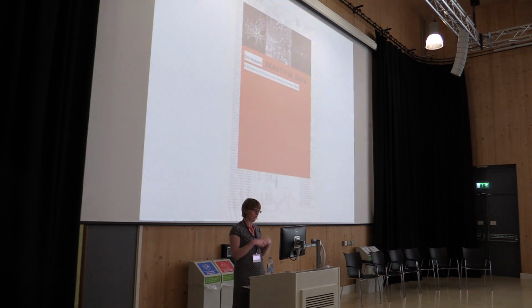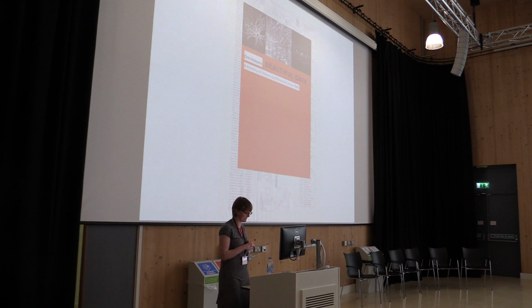Okay, so following on in this laying out of some of these critical perspectives, in her book, Beautiful Data, A History of Vision and Reason since 1945, Orit Halpern argues that data visualization plays an important role as forms of governance and control.